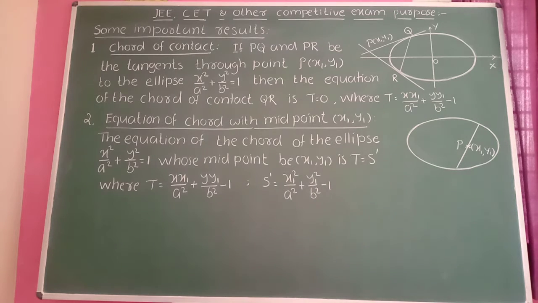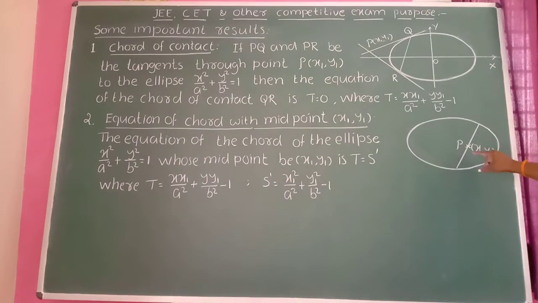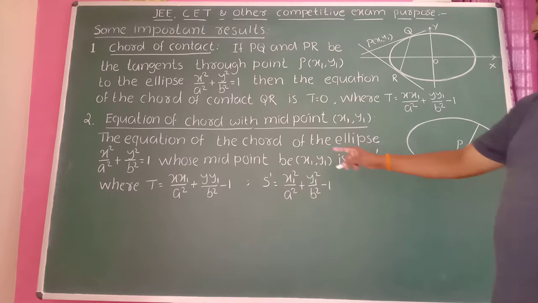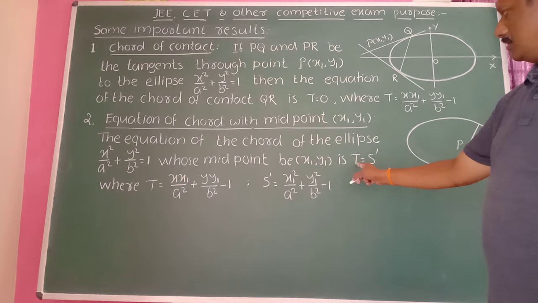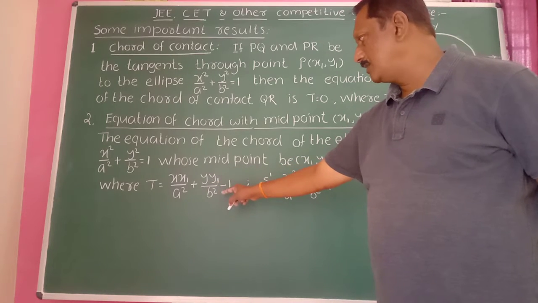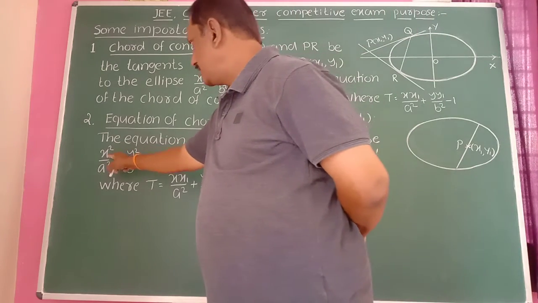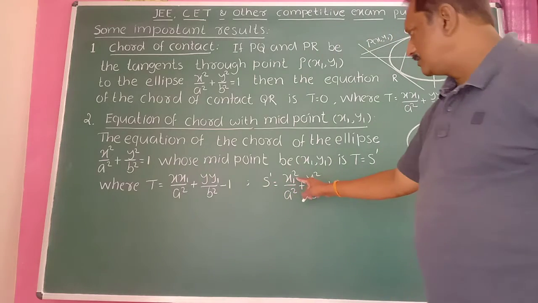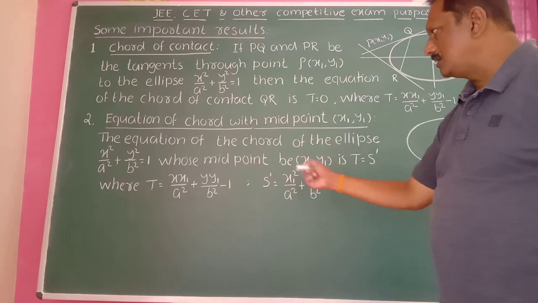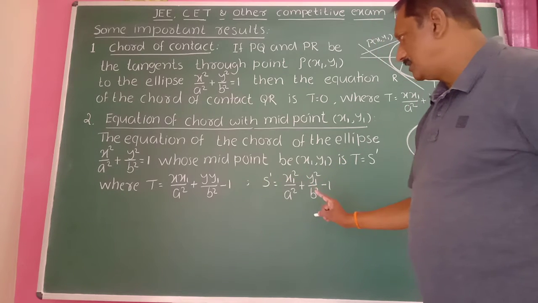Next, the equation of a chord with midpoint (x1, y1). Here it is a chord, and (x1, y1) is the midpoint of this chord. Then its equation is given by T = S', where T is x1·x/a² + y1·y/b² − 1, and S' is just replacing x by x1 and y by y1: x1²/a² + y1²/b² − 1.